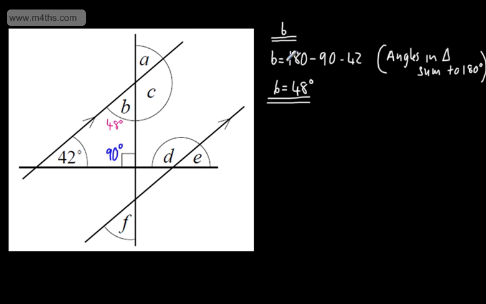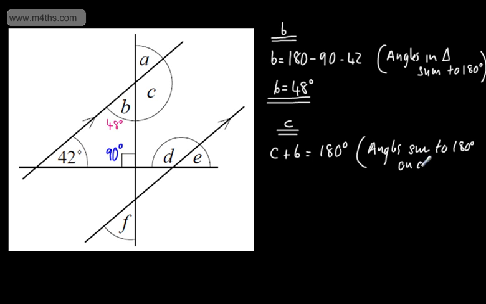And the next thing I'm going to do is look at angle C. C plus B will be equal to 180 degrees. And we can say angles sum to 180 degrees on a straight line. So just jotting this in, straight line, and we've got that.